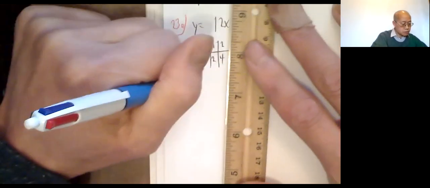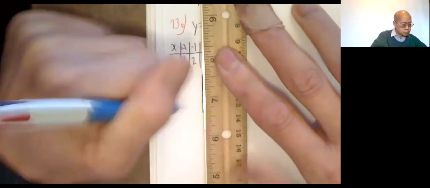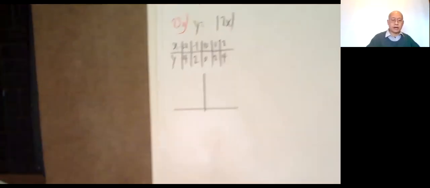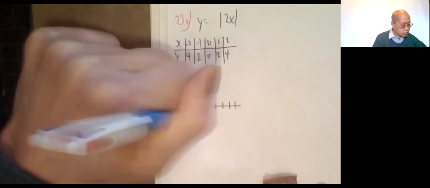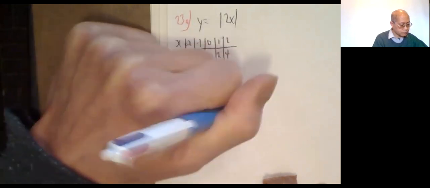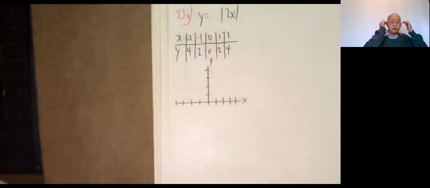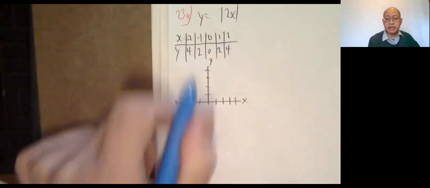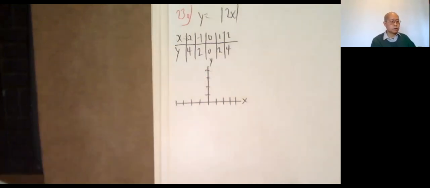So let's go ahead and plot that. 1, 2, 3, 4. 1, 2, 3, 4. Notice I didn't dedicate any space to negative y's because I have no negative y's.